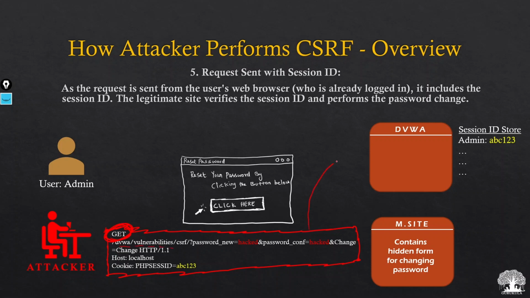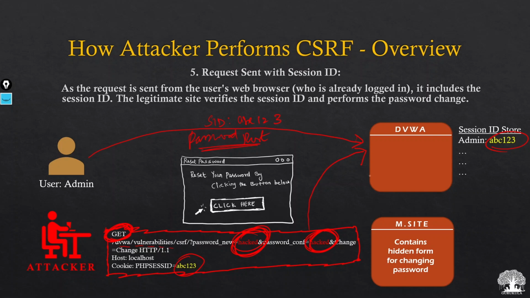This request will be sent to DVWA, but it is actually coming from the user's browser. The user's browser will obviously add the session ID, which is ABC123, and the request asks for a password reset, already filled with a malicious password the attacker wants. The new password is hacked, the confirm password is again hacked, and then the request is sent.